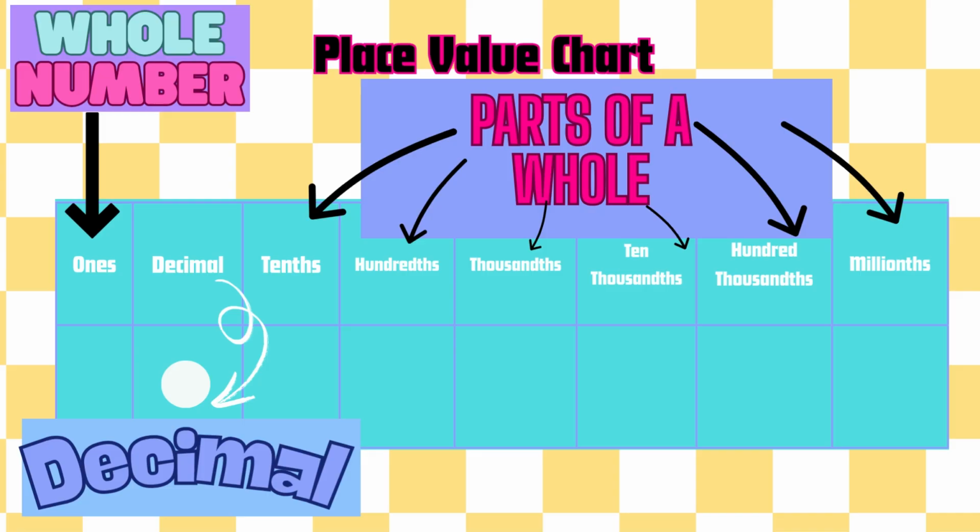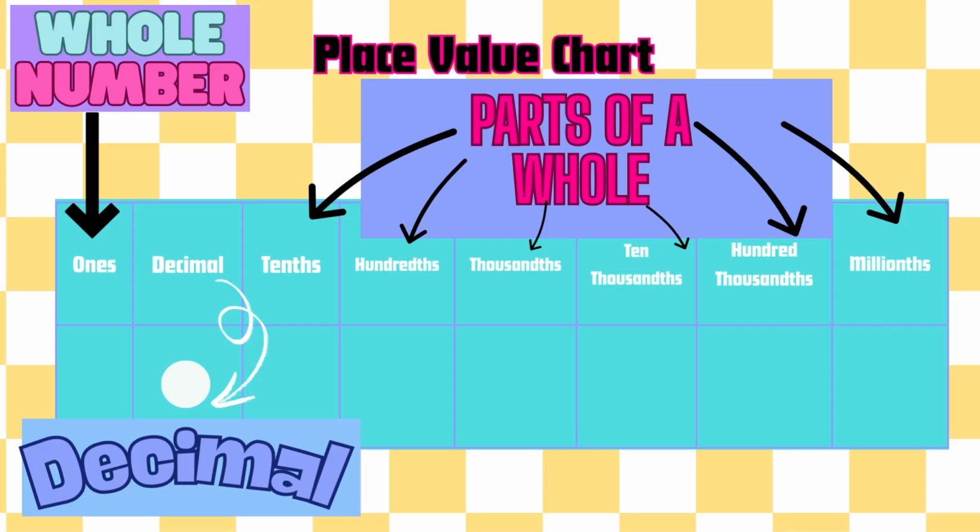Now let's look at our place value chart. Starting from the left, we have the ones place, which represents whole numbers. Immediately after the ones place, we have the decimal point. Then, moving to the right of the decimal, we have the tenths place, followed by the hundredths, thousandths, 10,000ths, 100,000ths, and finally, the millionths place.